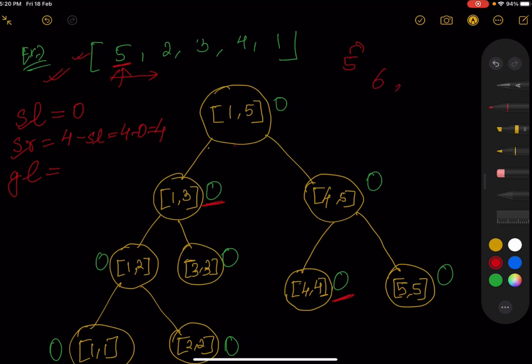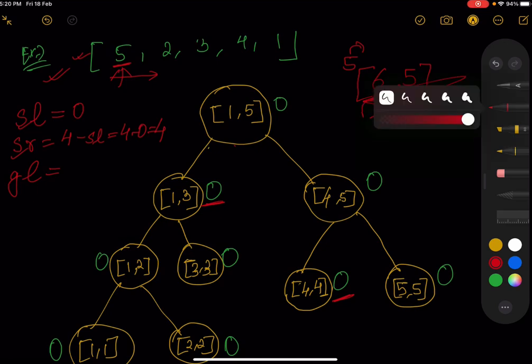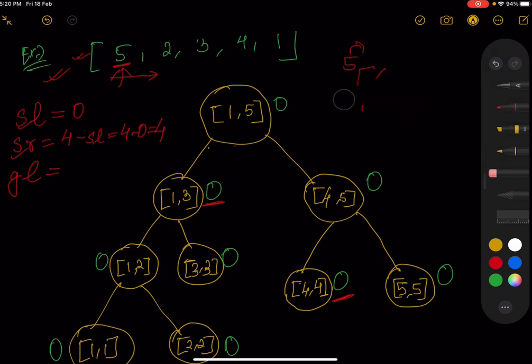So we will try to find the number of elements lying in the range 6 to 5. But since this is an empty range, the number of elements in this range will always be 0. So we will say that the number of elements in the range 6 to 5 is 0, which means the number of elements greater than 5 to the left, GL, is 0.